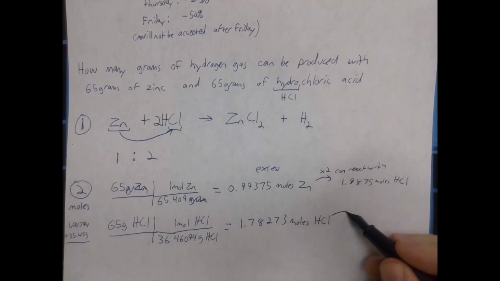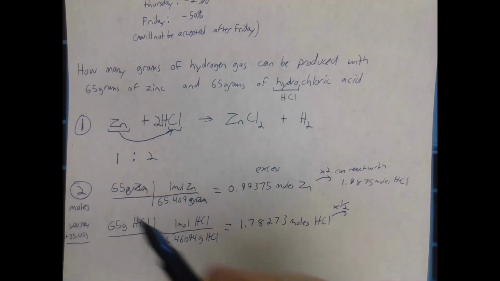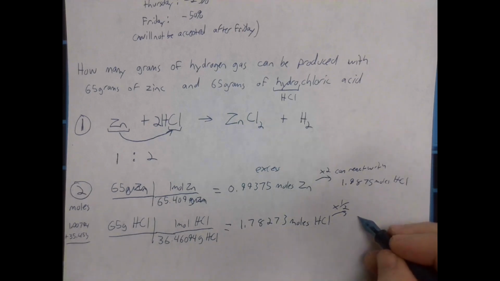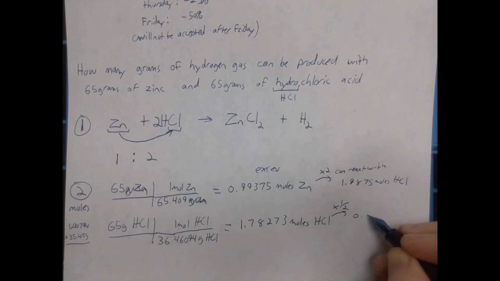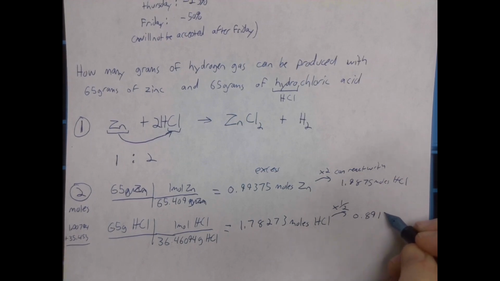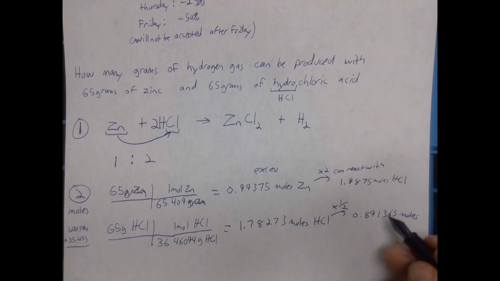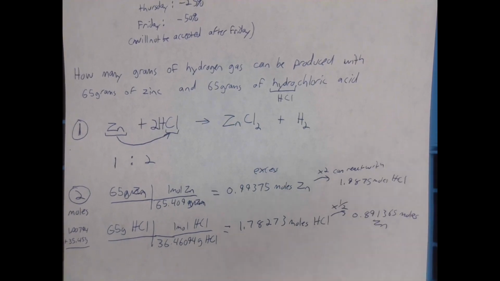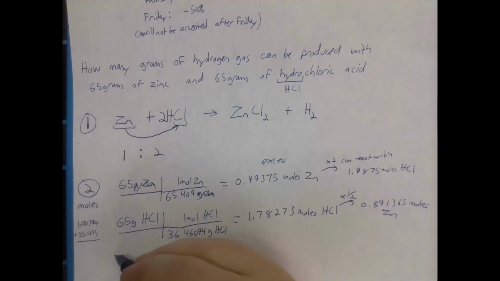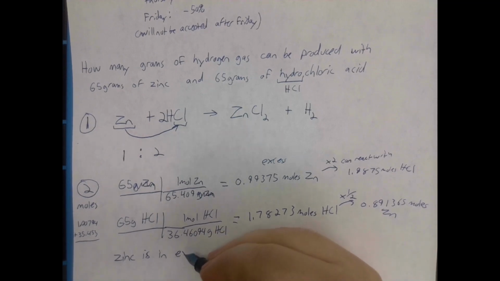While HCl can react with a half, because the ratio is 2 to 1, and going backwards. So if I divide that number by half, it can react with 0.891365 moles of zinc. So this means zinc is in excess.